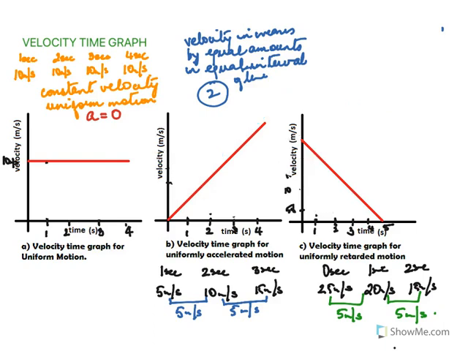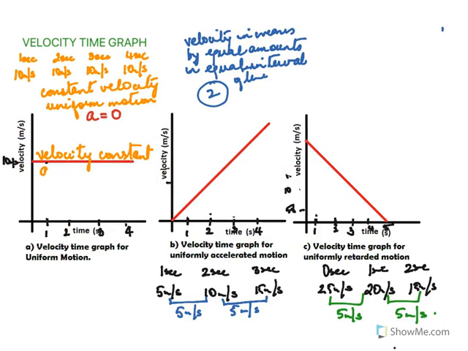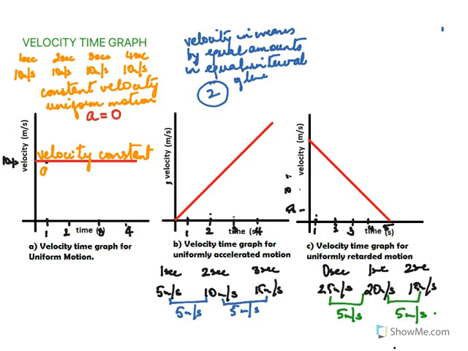So if these graphs are given plainly to you, in the first case you will say velocity is constant, because it's just a straight line, it remains the same. Velocity constant, acceleration is 0, and we call it uniform motion.